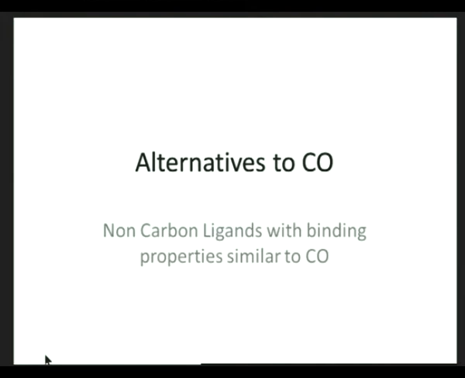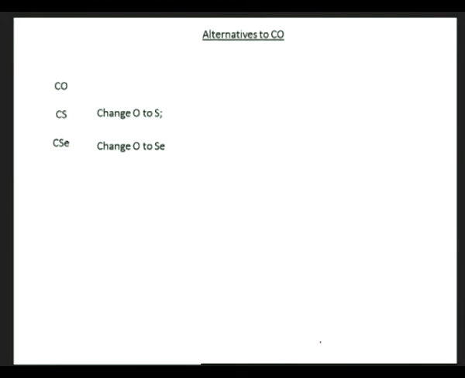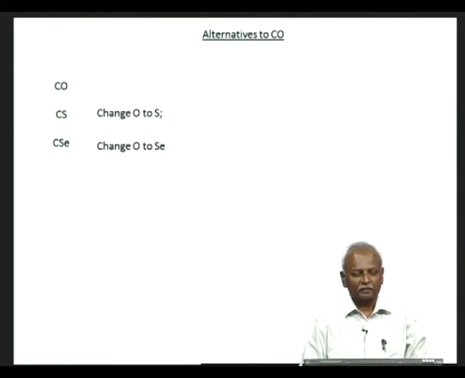So, in doing this, while we change from carbon monoxide to other ligands, we notice that we can very simply replace the oxygen by an element from the same group, that is sulfur or selenium. And if we do that, we do get some very good ligands. These ligands are written here, carbon monosulfide and carbon monoselenide.